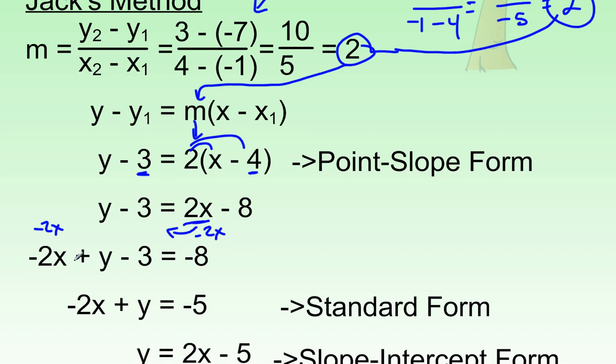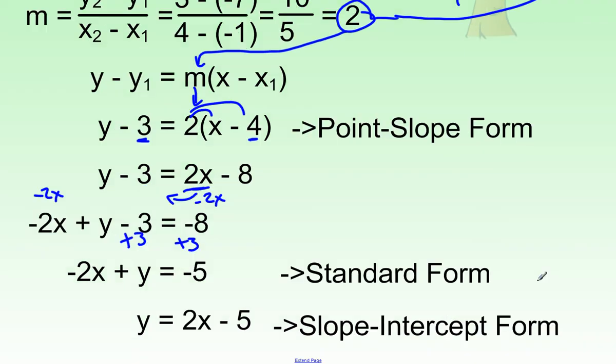Subtracted 2x and then added 3. Okay, so he got to standard form first, which is not wrong. I mean, this is the standard form of that equation. It's just not how we've done it. And then he added 2x to both sides and got slope-intercept form. Okay, so Jack is basically doing the same problem, just not the way we normally do it.